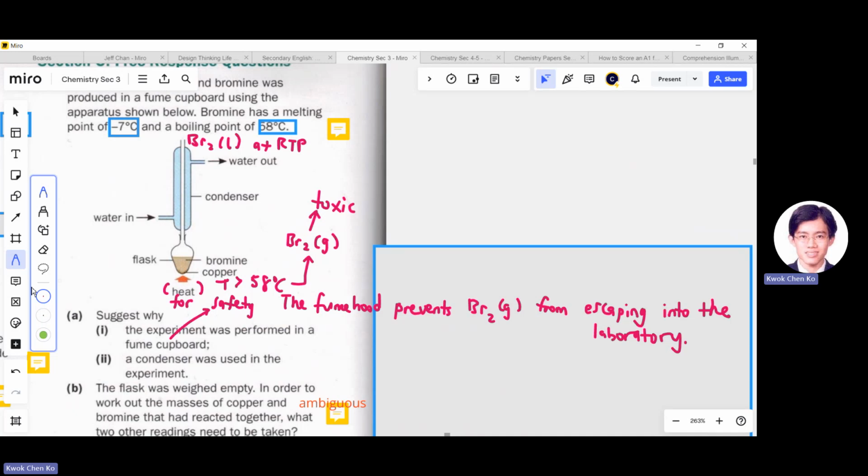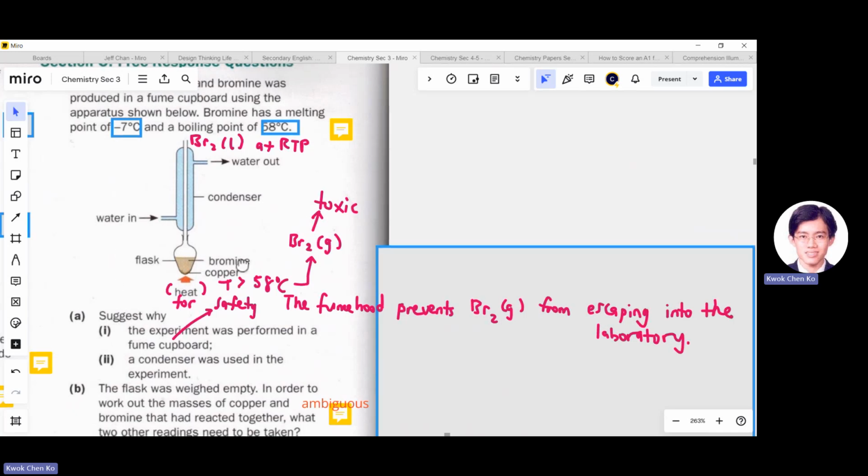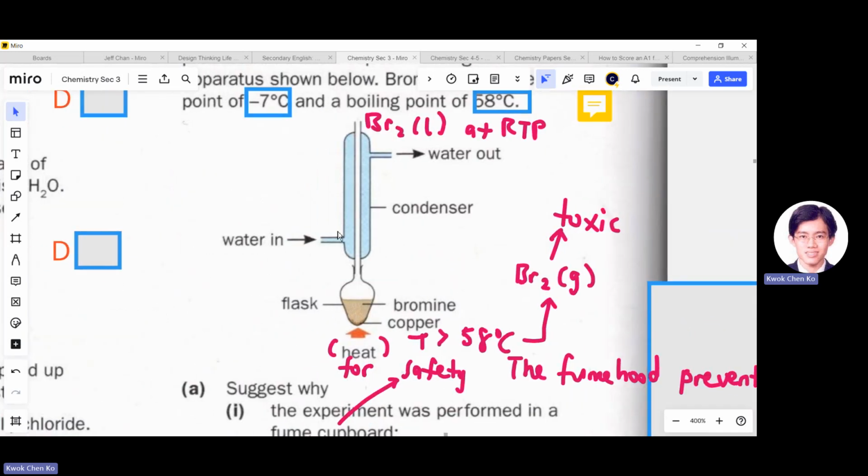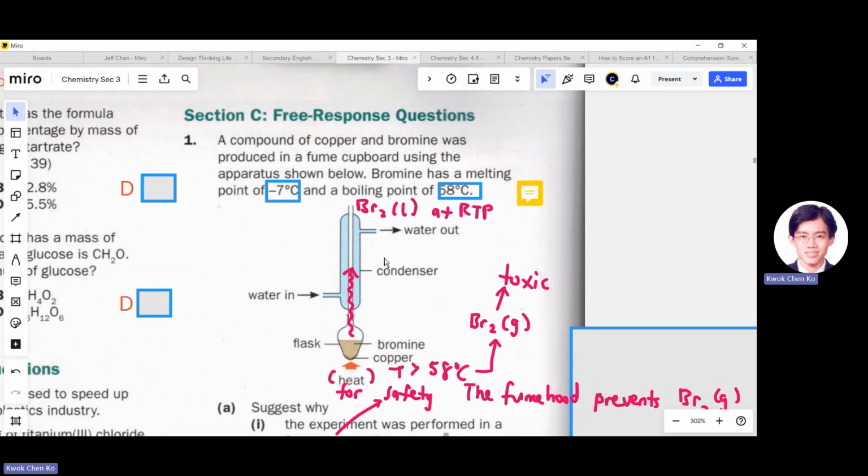Now, the second part is a condenser. Why do you need a condenser here? Is this distillation? Nope, doesn't look like distillation. But remember, we mentioned bromine vapor is formed, so you would expect your bromine vapor to rise. But do you want it to escape? No, you don't, because what are you doing here?